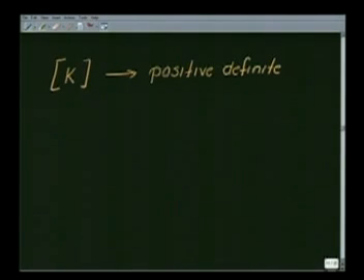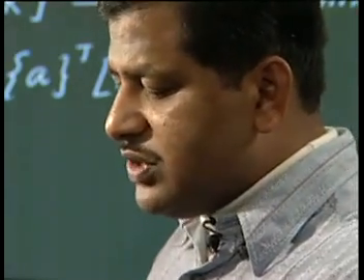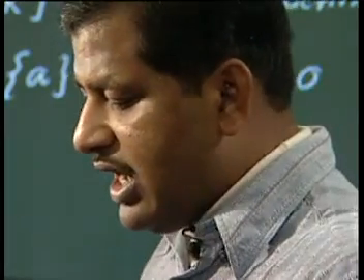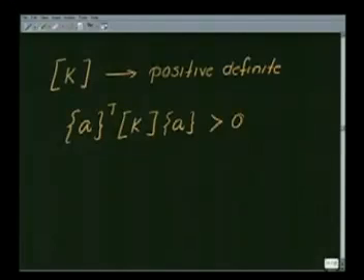So the definition for positive definiteness of a matrix is that if I give you any set of these vectors A which are non-trivial, then A transpose KA has to be greater than 0. And the integral that corresponds to this expression A transpose KA is nothing but twice the strain energy corresponding to the displacement given by u bar n.